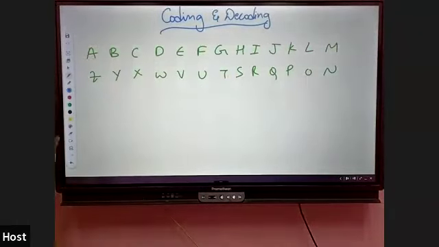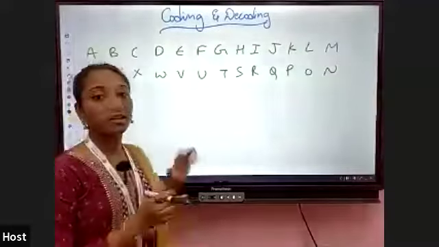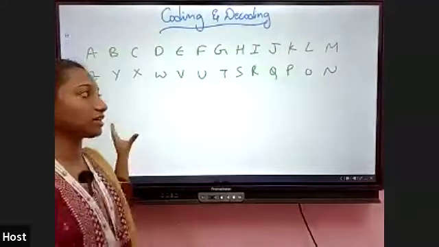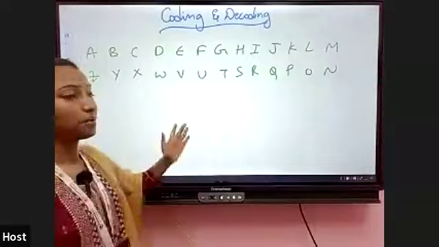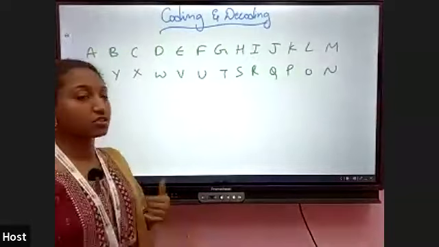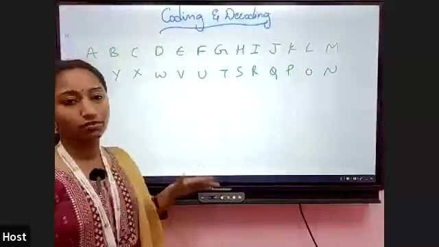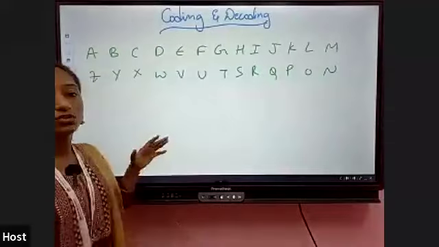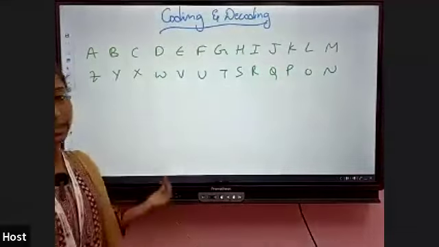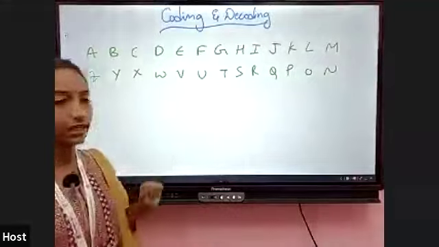So this is the order to write letters in coding and decoding. In reasoning, we will write A to M in the first line, and N we should start from below the M, N to Z.